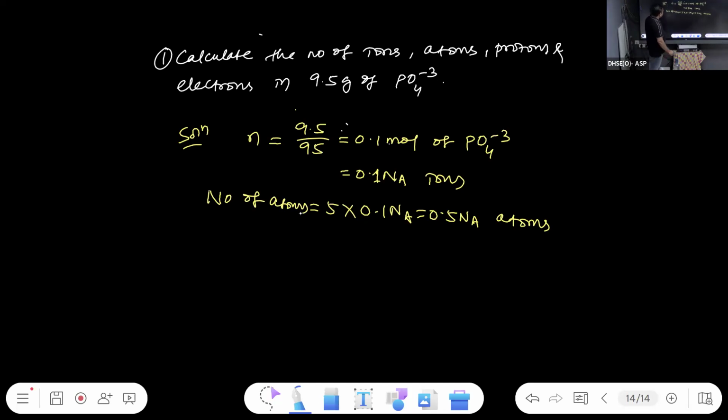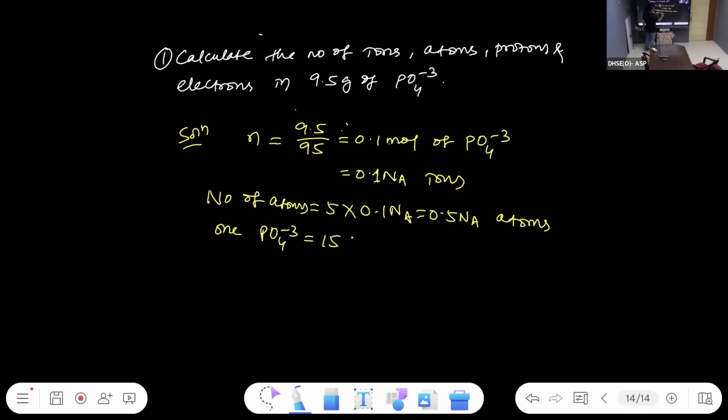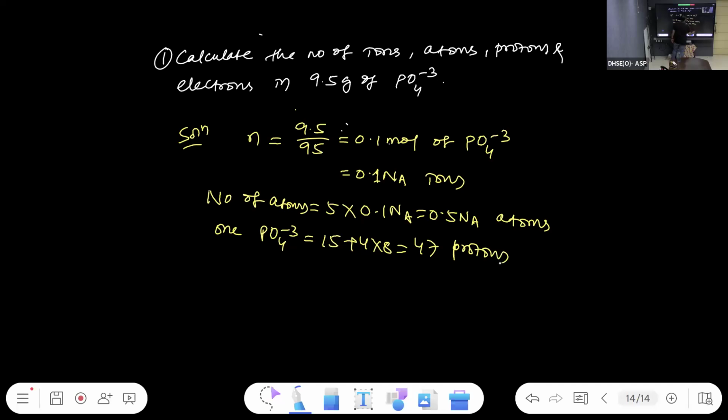Third is number of protons. One phosphate ion contains how many protons? Phosphorus 15 plus 4 into 8, that is 32, so 47 protons. So one ion of phosphate contains 47 protons.